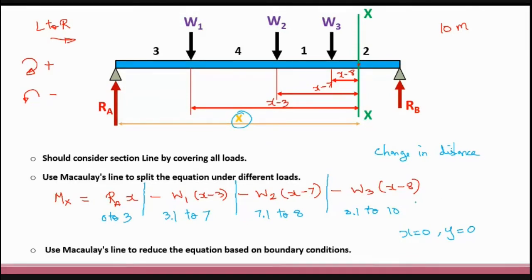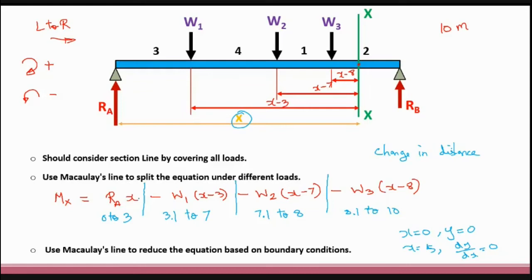That's it, right? I should not consider these other equations. Neglect all the equations. Let me consider x is equal to L by 2, which is 5, where dy by dx is 0. Actually, for this loading case you won't get dy by dx equal to 0 at 5; just for learning purposes, I am writing it. So when x is equal to 5, dy by dx is equal to 0.